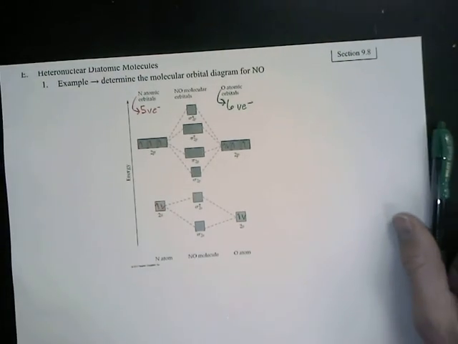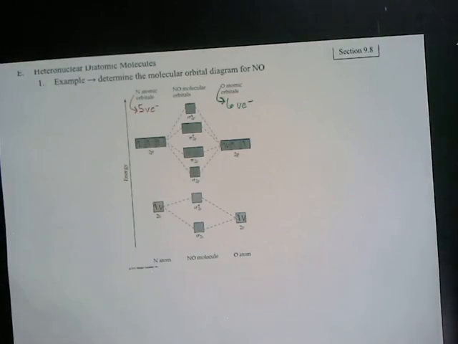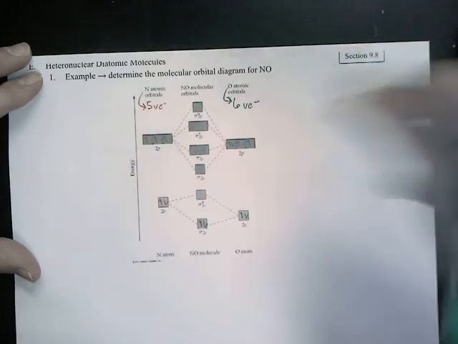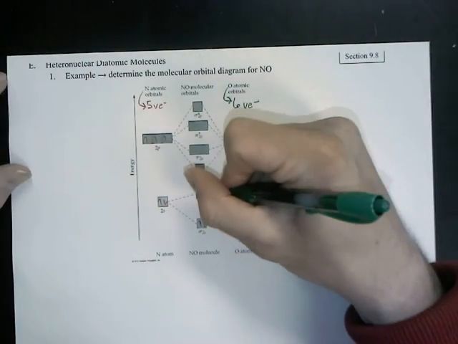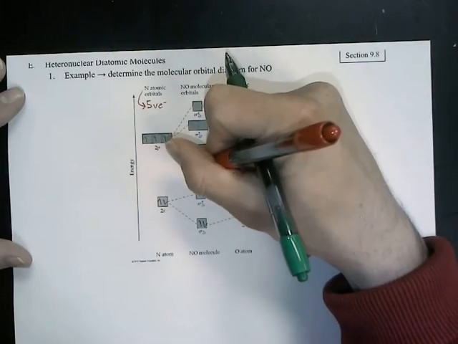Okay, now when we have the molecular orbital diagram for this molecule, we would have the following.